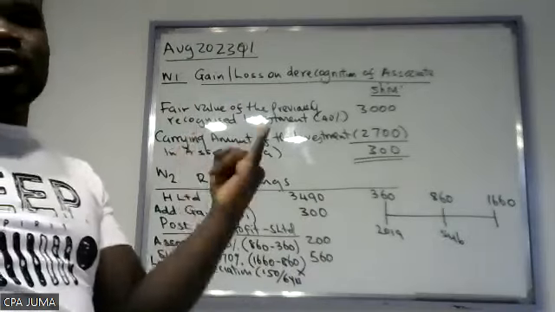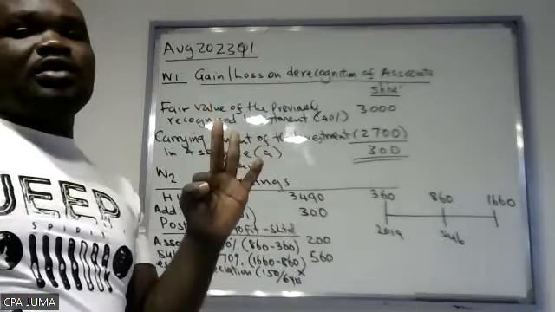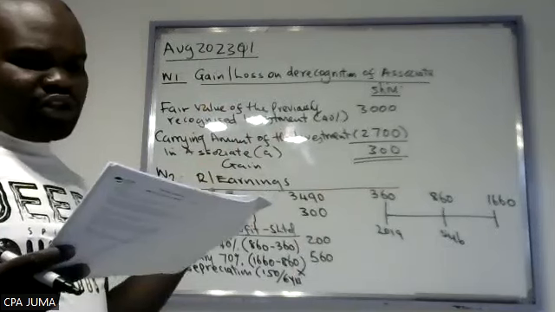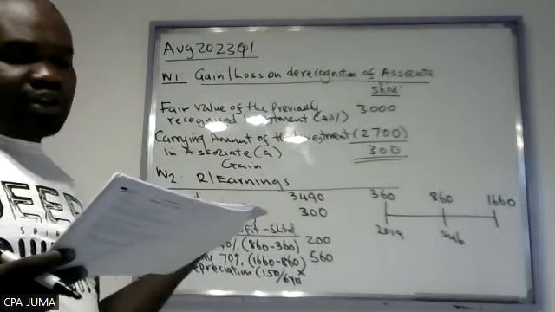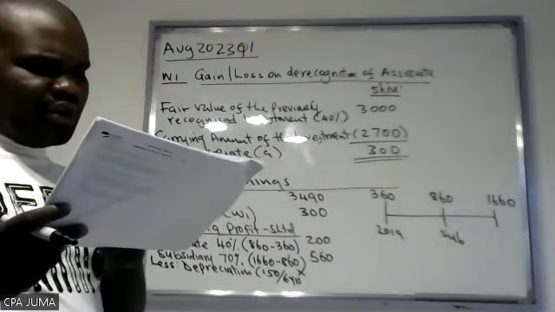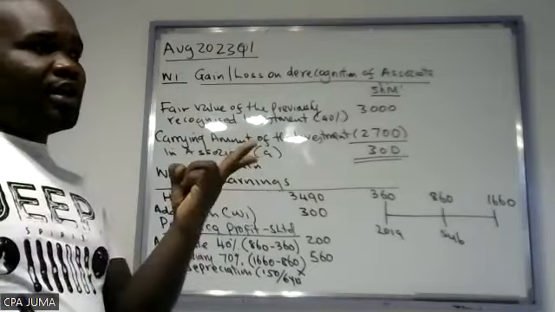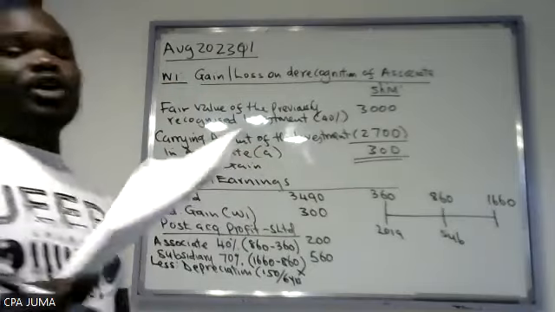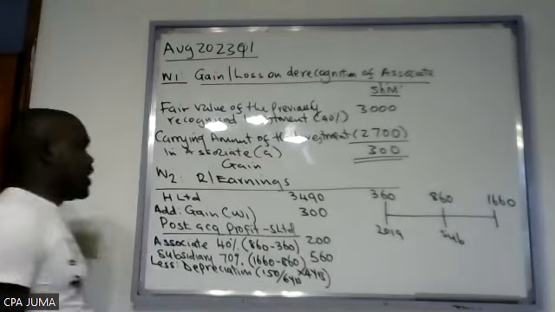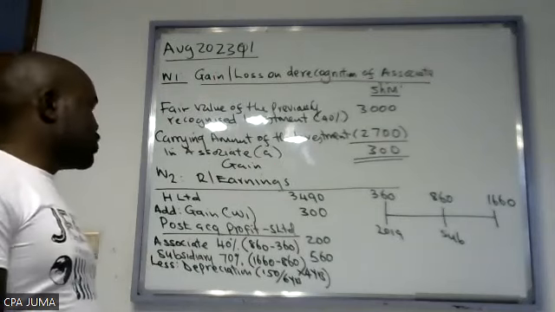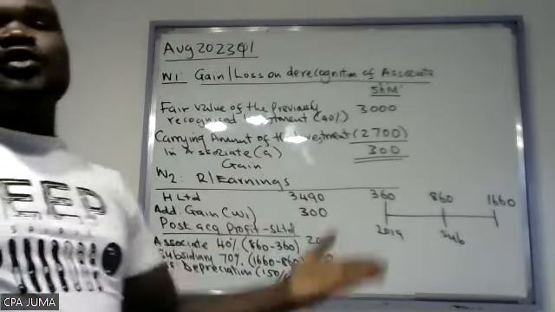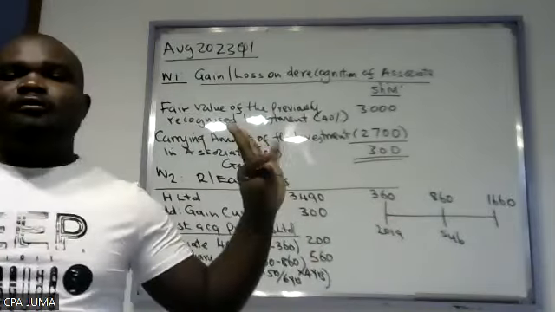So 2019, 2020, 1, 2, 3 years. From April 2019 to March 2020, to March 2021... wait, this is April 2019. So to 2020, 1, 2, 3, 4. 4 years. So you multiply by 4 years. Because the fair value was in 2019, and the books we are preparing are in 2023, the accumulated depreciation we check for 4 years.